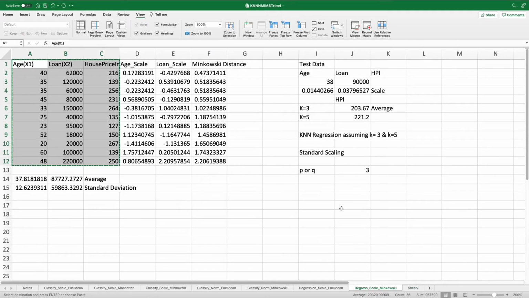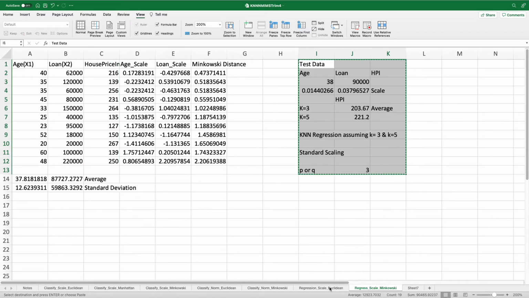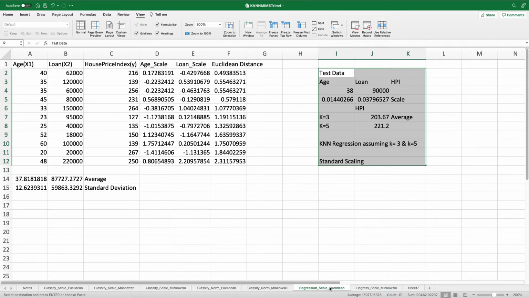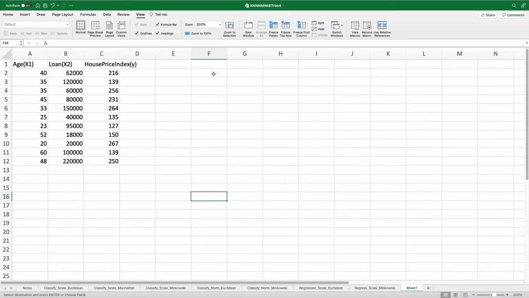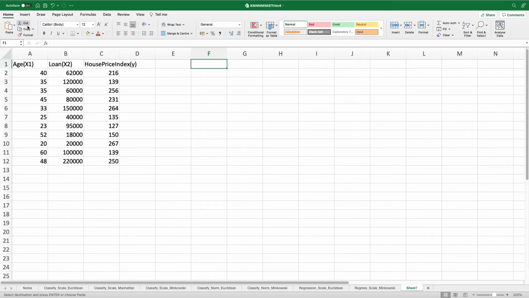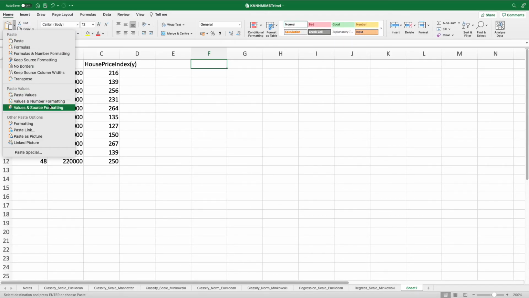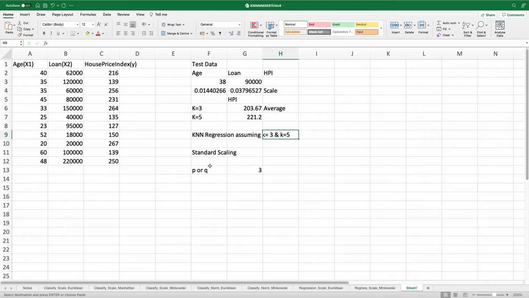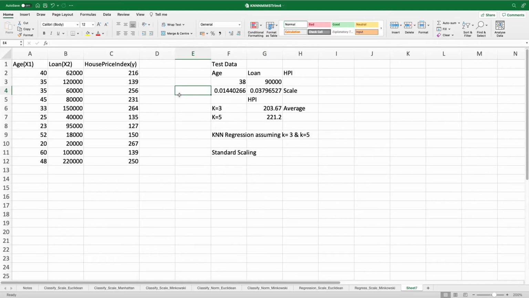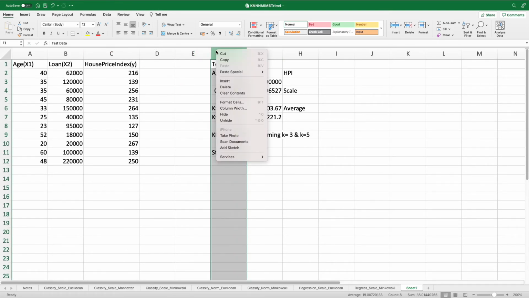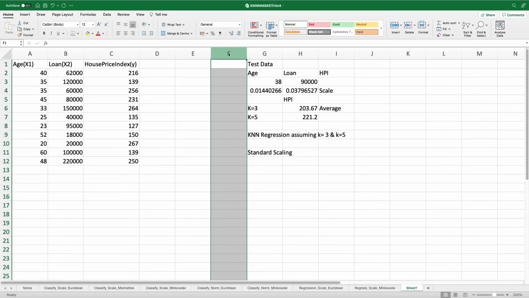And then we will also take the test data, Control C, values and number formatting. Okay, for this we will calculate simply Euclidean distance. That should be enough, right? We have to insert another column.